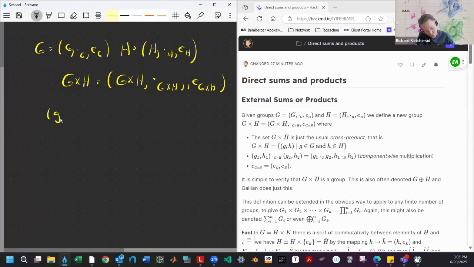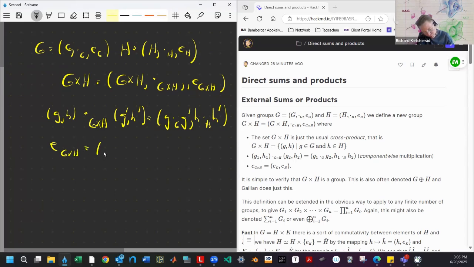So GH, that's an element of there, dot G, or times G cross H, G prime H prime is going to be just what you get when you do the product component wise, right? So G and then a product of G, and then H and a product with H. So it's component wise product, as simple as you can get. And then the E of G cross H is also as simple as you can get. So it's going to be EG, EH.